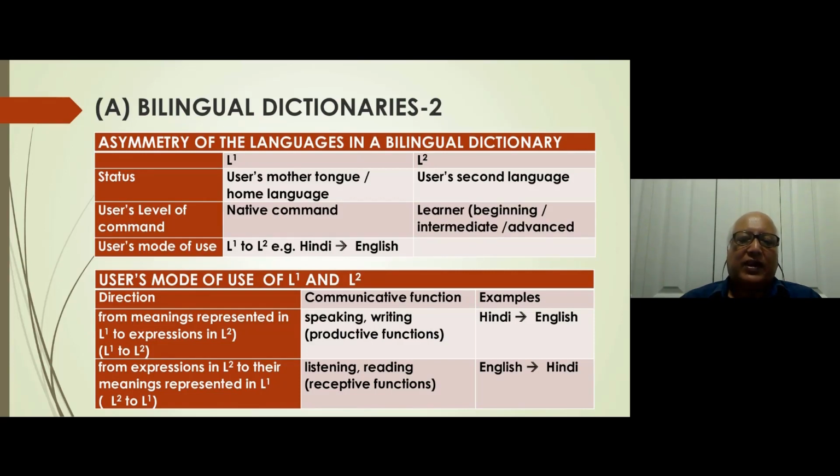For example, if he or she is reading something and cannot understand a word, okay, what does nascent mean? Then the meaning would be given in Hindi. Of course, this is just one scenario.